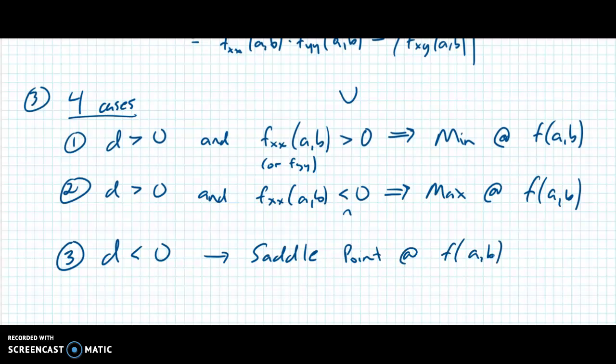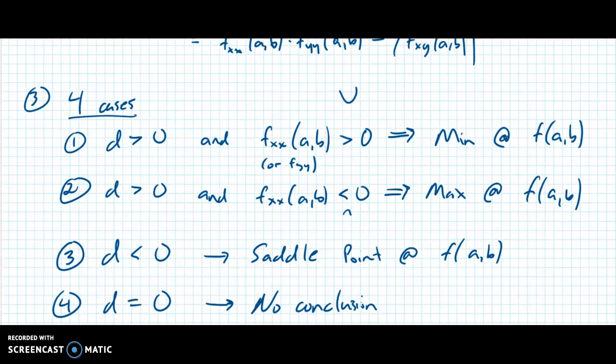And then you may say, wait, what's the fourth case? Well, notice greater than 0, less than 0. My fourth case is if D is equal to 0. And what do we get if D is equal to 0? This is the sad but true. We get no conclusion from the second partials test. It doesn't tell us anything about it.